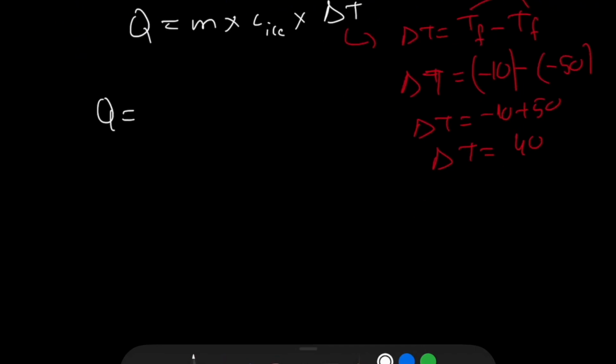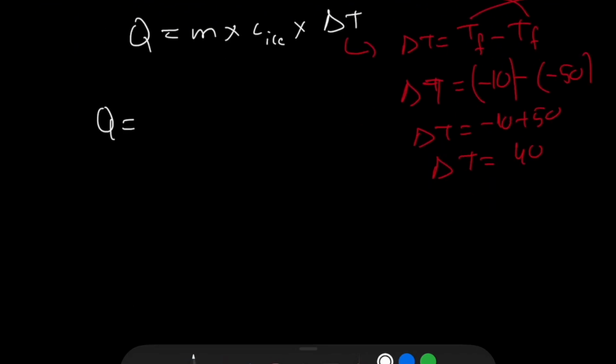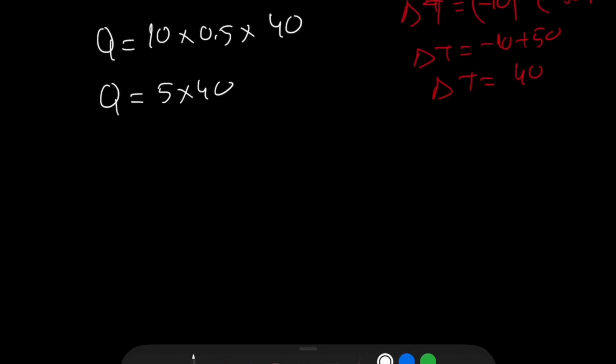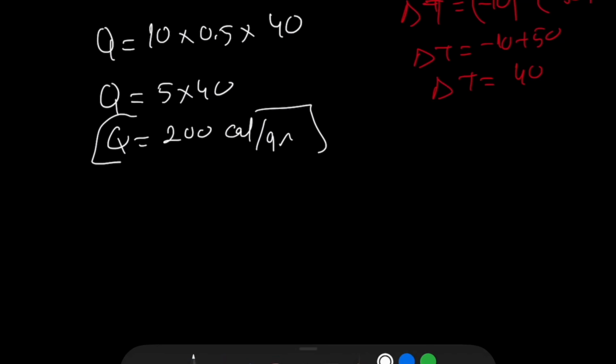Okay, Q: m is 10 gram, 0.5 for ice, and 40 temperature. Q, this is 5 multiplied by 40. Q is 200 calories. This is for negative 50 to negative 10.